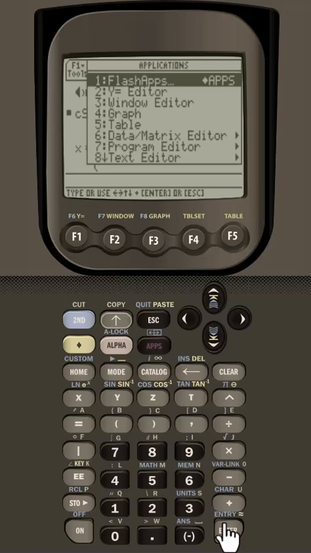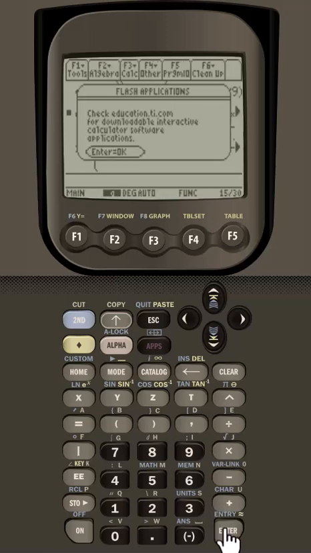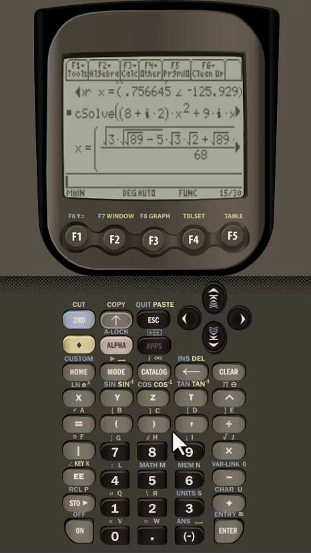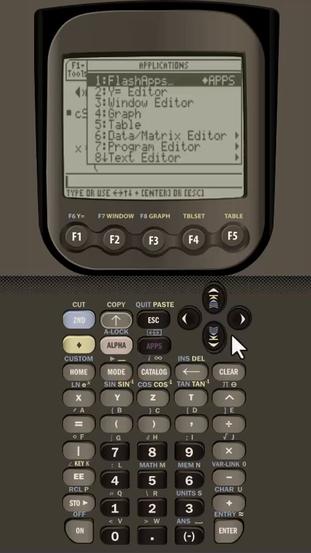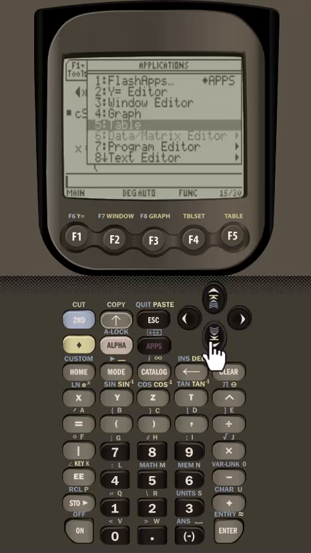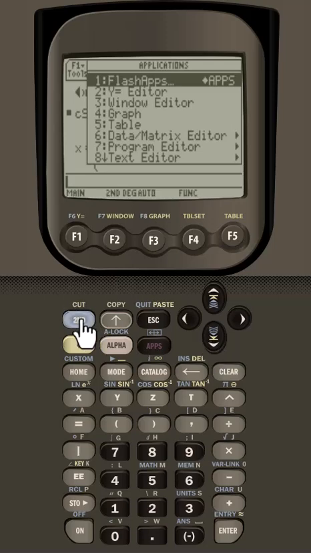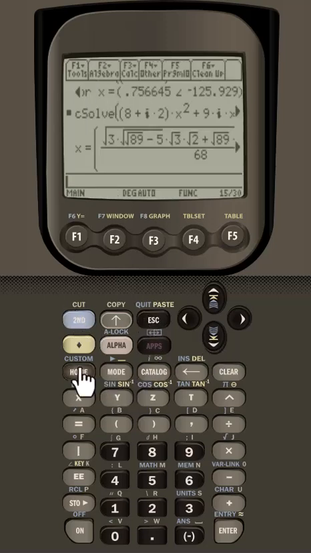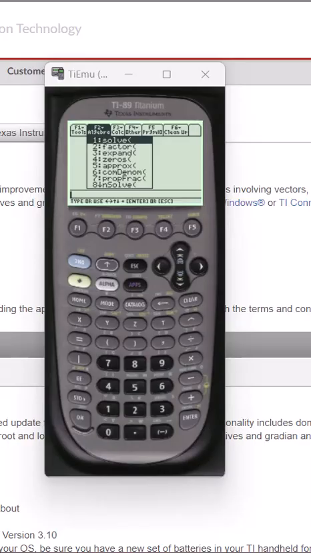I'll go to Flash Apps. No, that's not what I want. Let's see. Maybe it's not on this online version. Looks like it is not on this online version. So hold on a second. Okay, well, I can't find the other thing I wanted to show you online, so I'll just show that later.